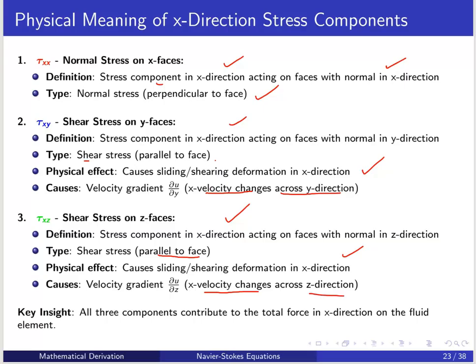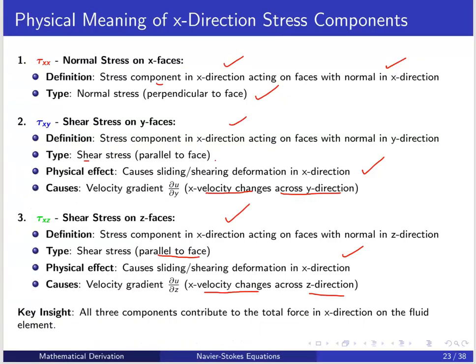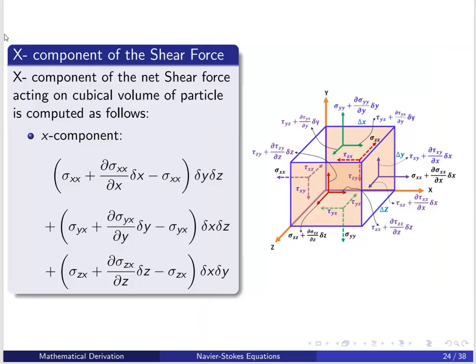So the key insight here is that all three components contribute to the total force in x direction on the fluid element. Now I told you that we can write tau xx in terms of sigma xx, this is also sigma xy, and this is sigma xz. Now consider this face, where sigma xx, tau xz, tau xy are acting.